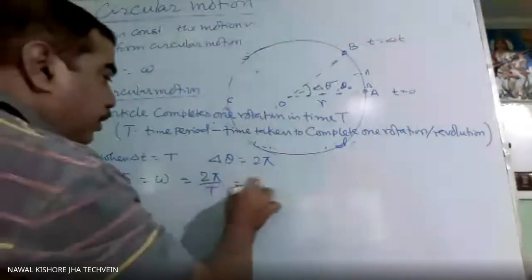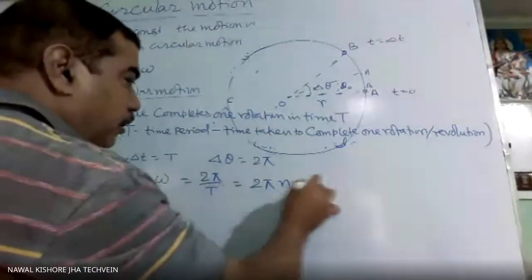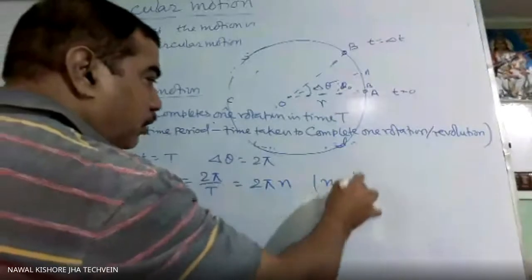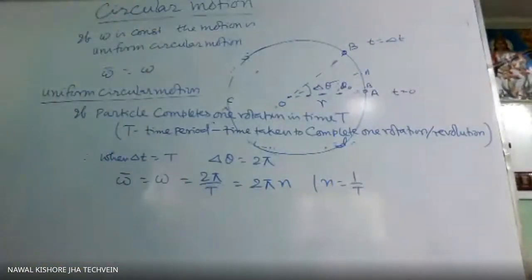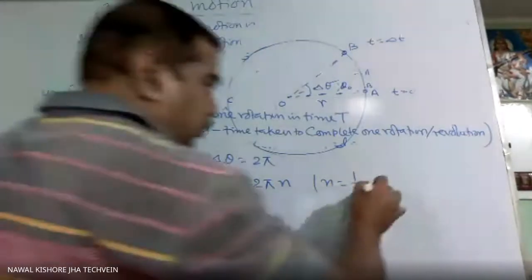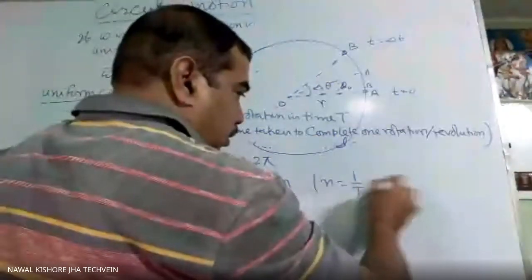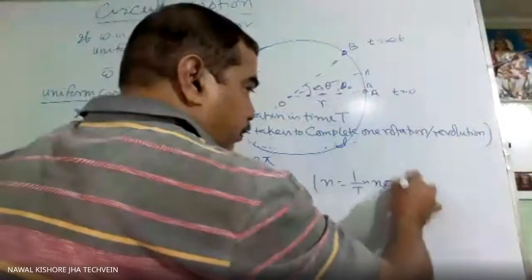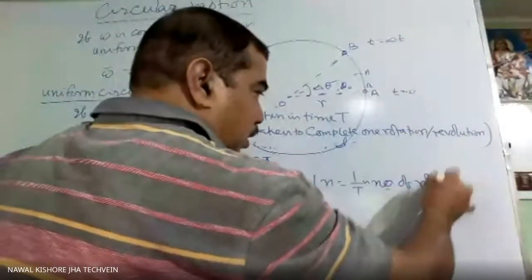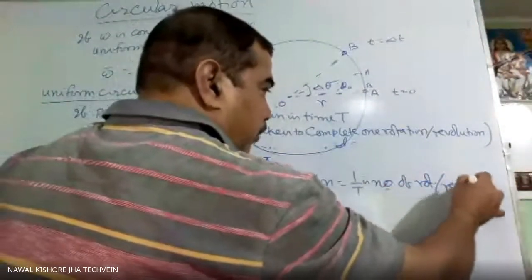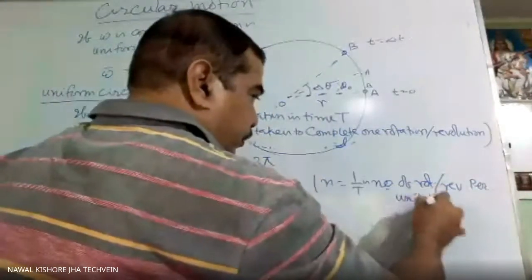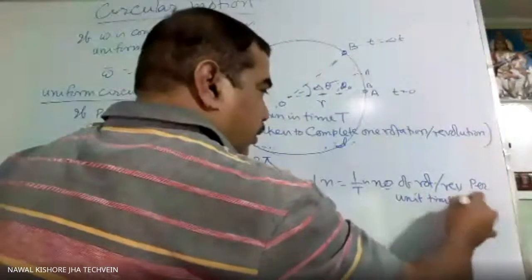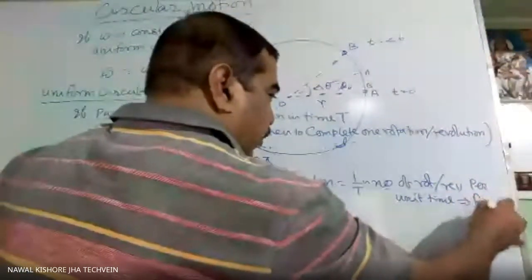It can be 2 pi n. This n we call 1 by T. That is the frequency, the number of rotations or revolutions per unit time. This we call frequency of revolution.